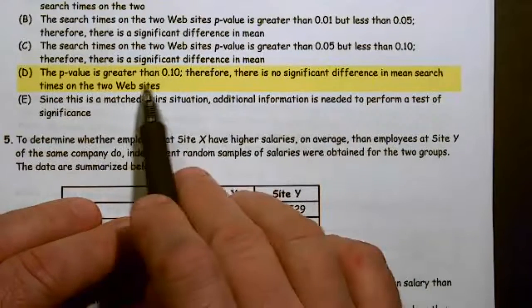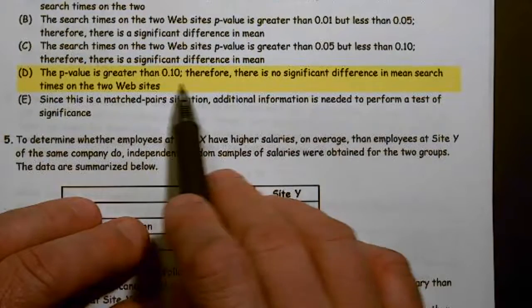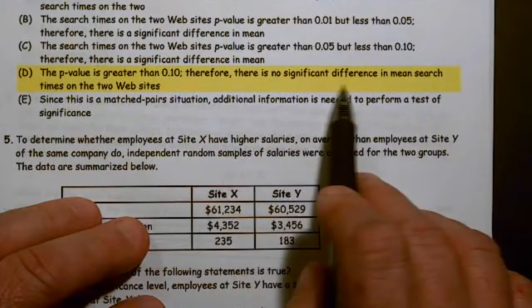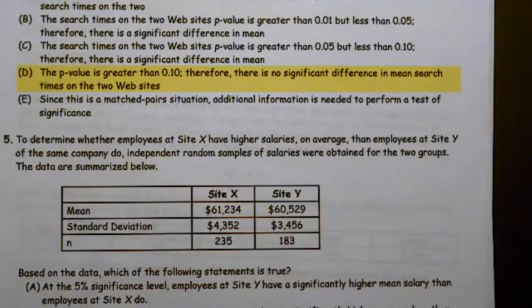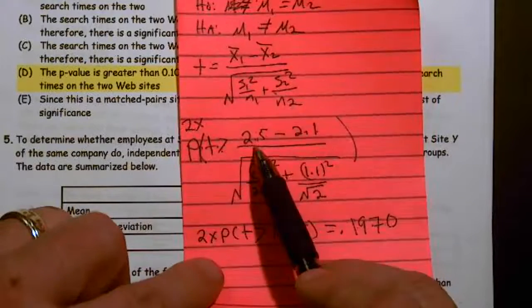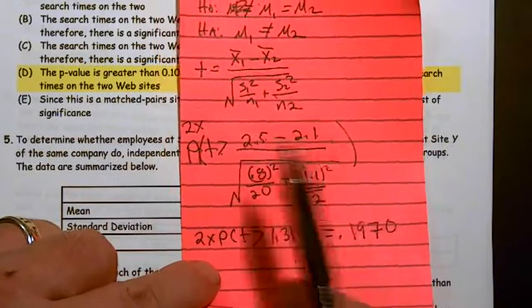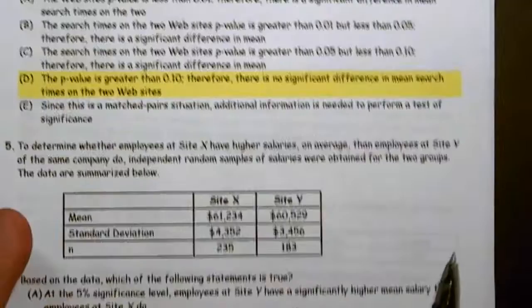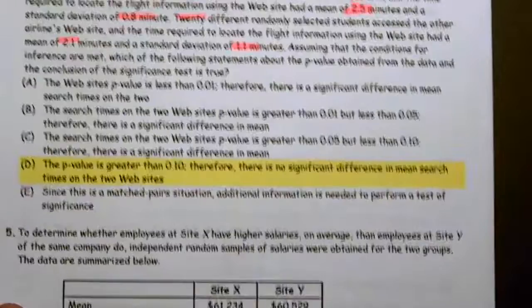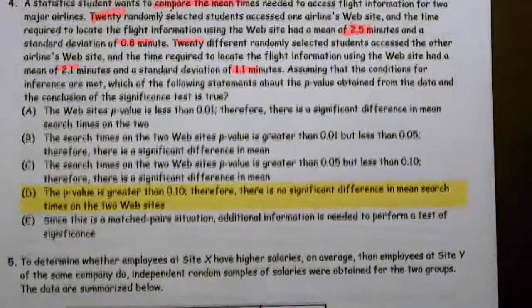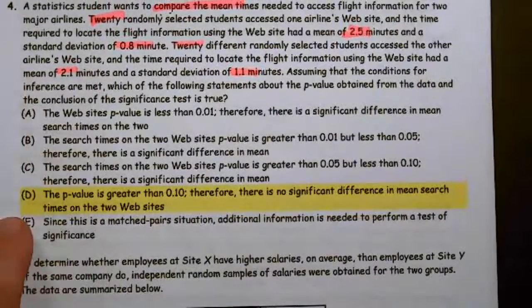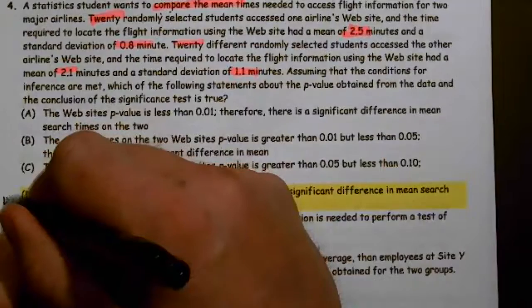The p-value is greater than 0.1, therefore there's no significant difference in the mean search times. We know there's a difference, 2.5 is definitely different than 2.1. There is some evidence, but not significant evidence to say there's a difference. So we would say there's no significant difference. The answer to number 4 is D.